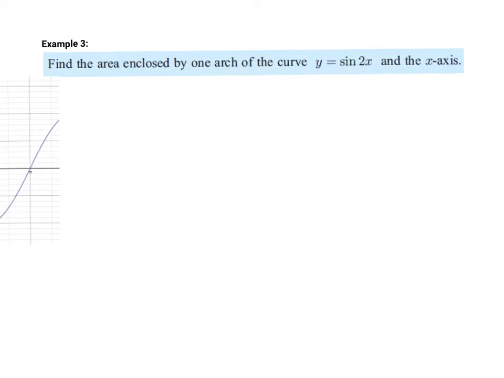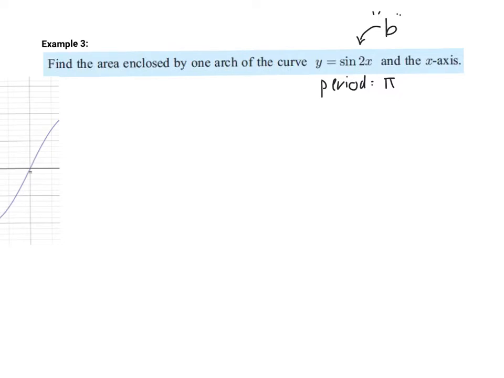Y equals sine 2x. We know that y equals sine x goes through the origin, and it moves in an upward direction, and its period is 2 pi. If you remember this value, we called this the b value when we studied sine and cosine functions.